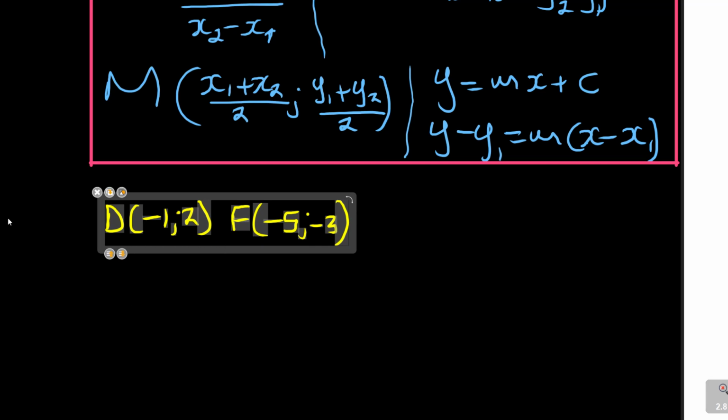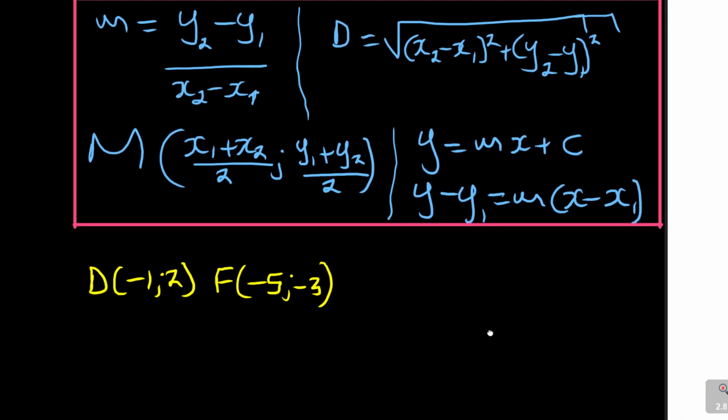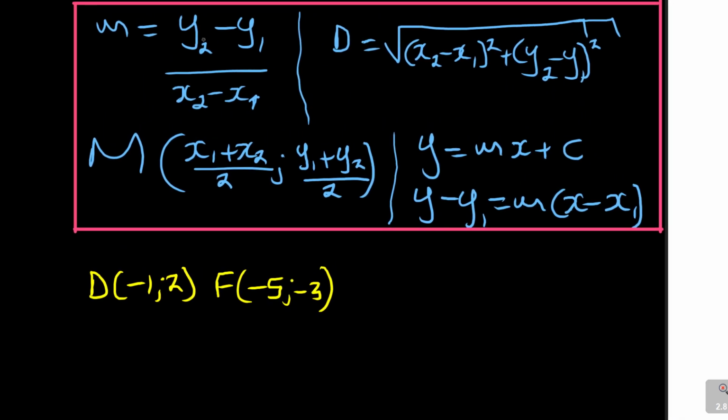So now, when you're looking at it like this, remember the formula for gradient m. If you're saying m of DF, meaning gradient of DF, I can choose to make this my x1, this my x2, this my y1, this my y2.